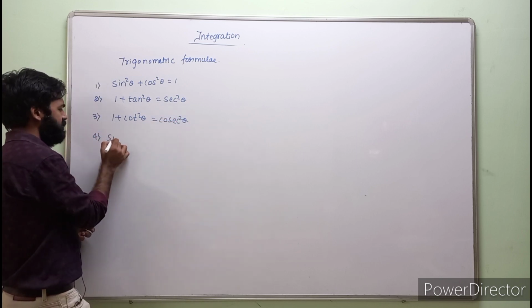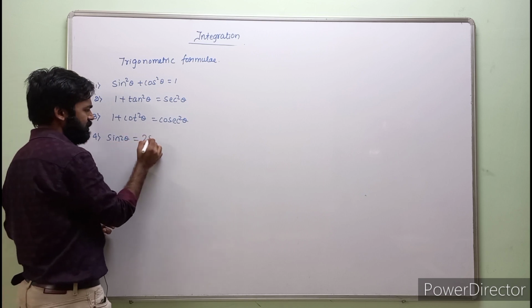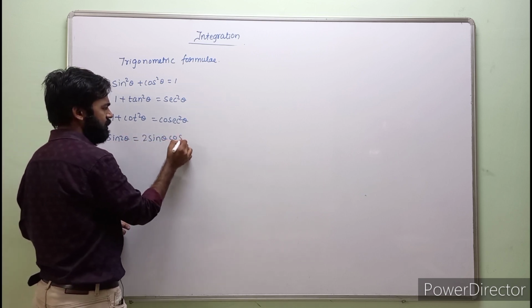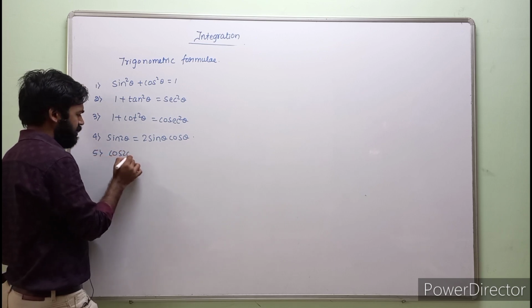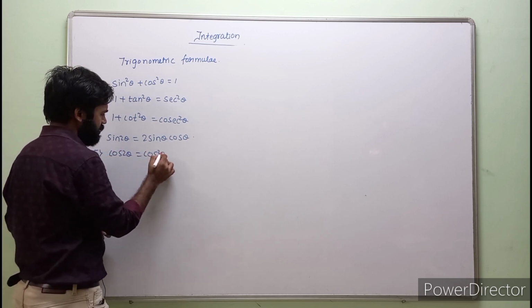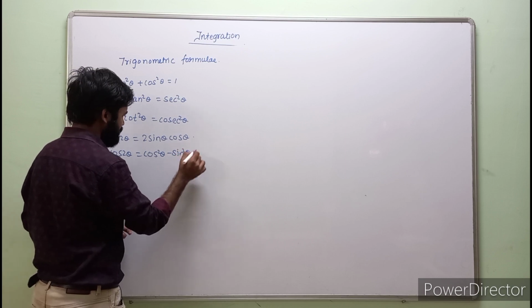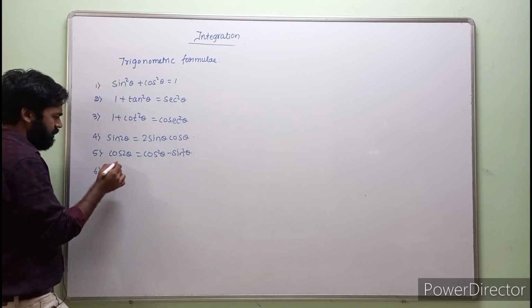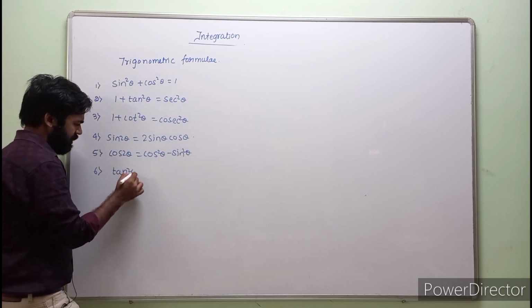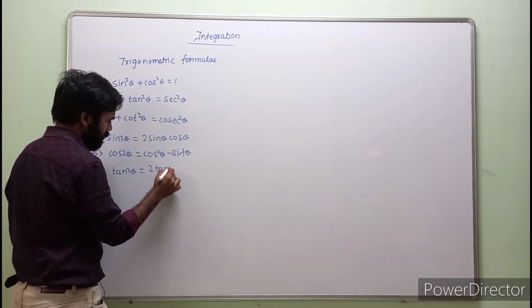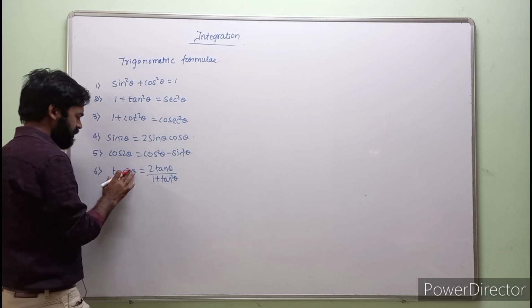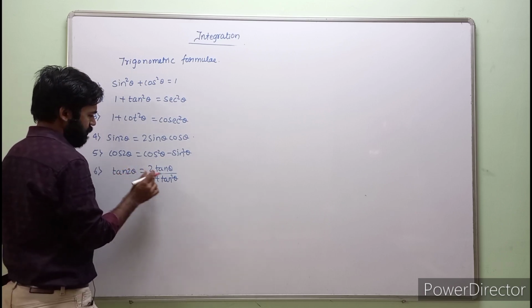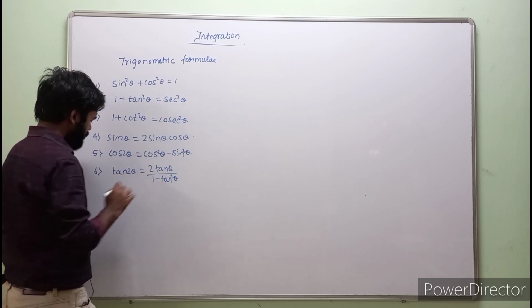Fourth one, sin 2 theta equals to 2 sin theta cos theta. Cos 2 theta equals to cos square theta minus sin square theta. Tan 2 theta equals to 2 tan theta by 1 minus tan square theta.